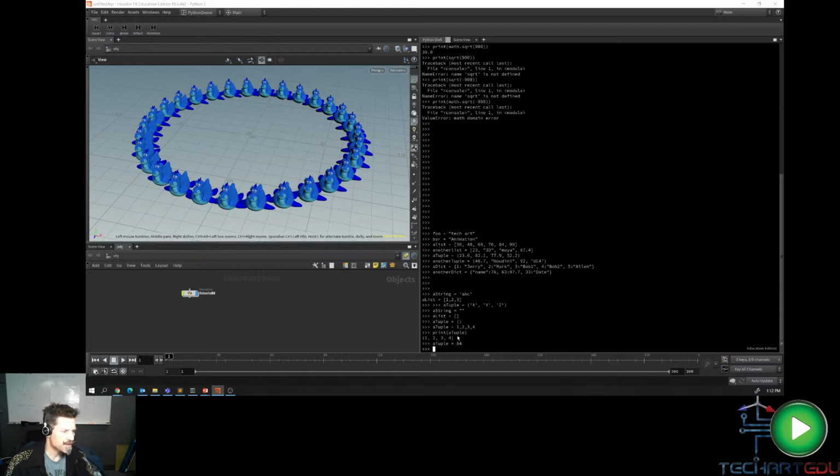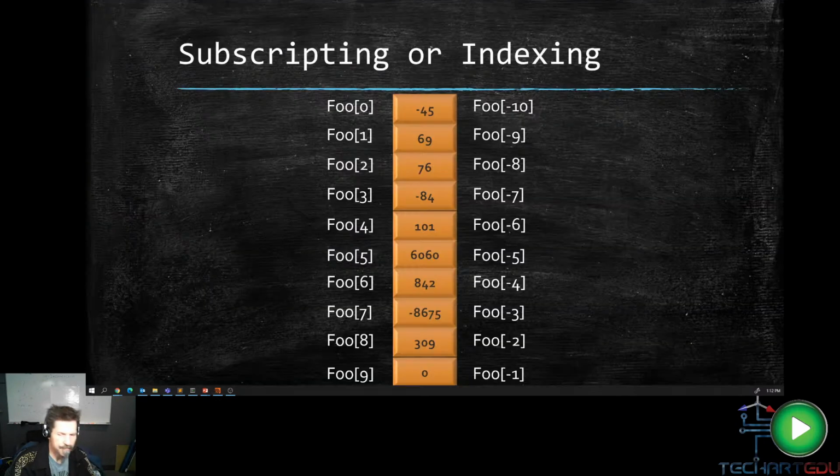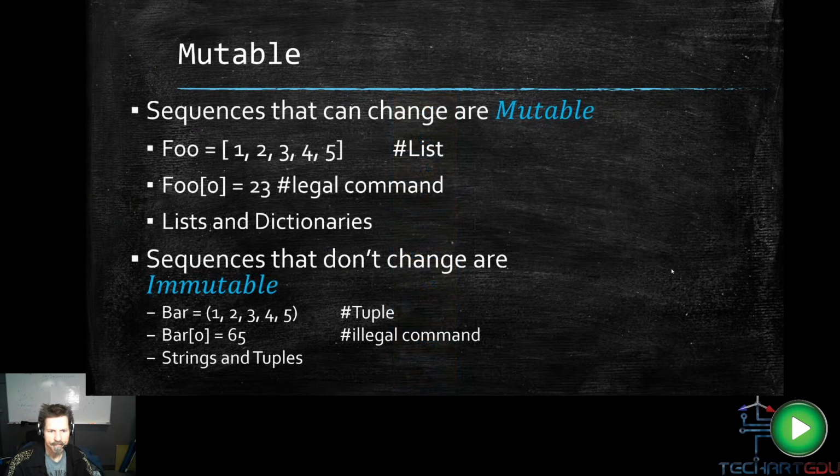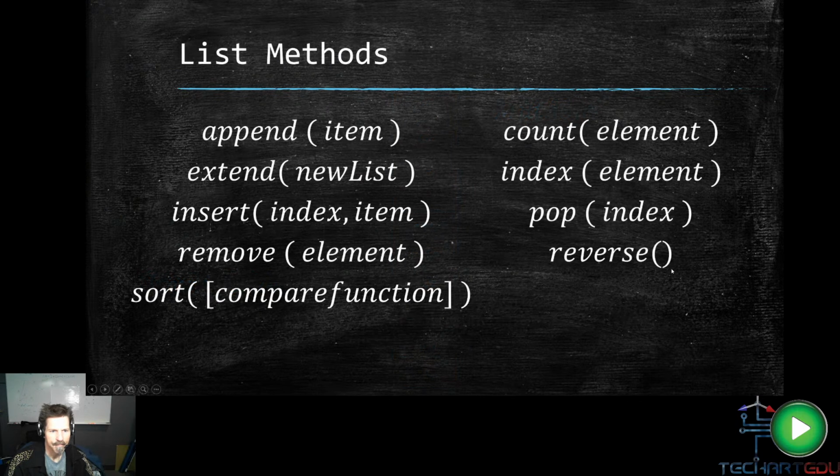Now, let me go ahead and show you a way of working with lists. We don't really have the time to go into every one of these, but here are the methods associated with every one when you're dealing with lists. You can append to a list.